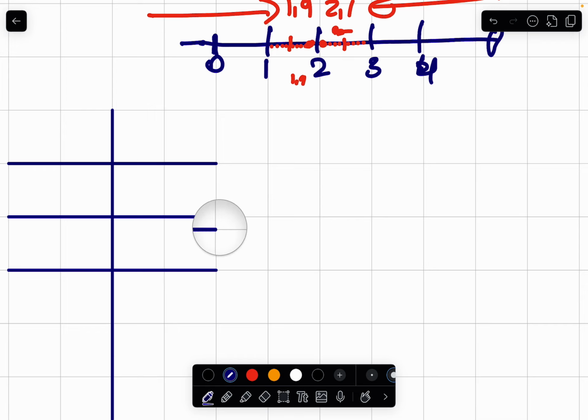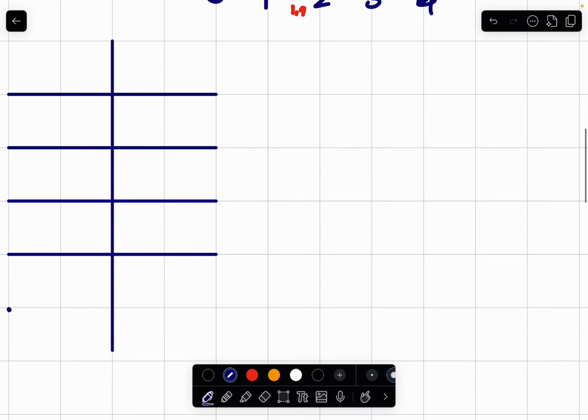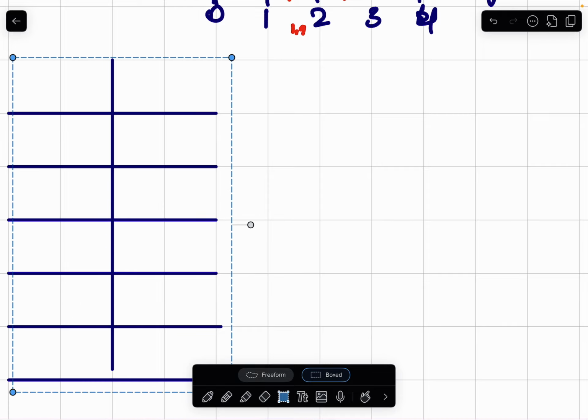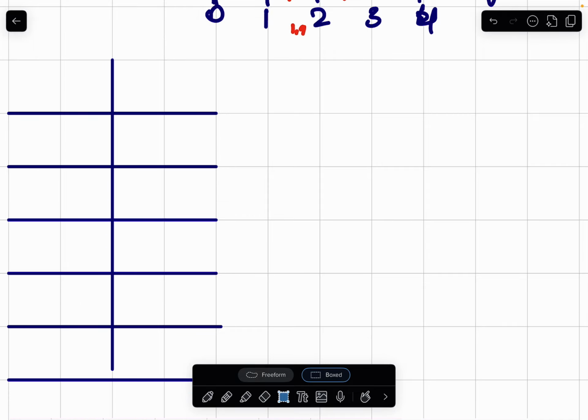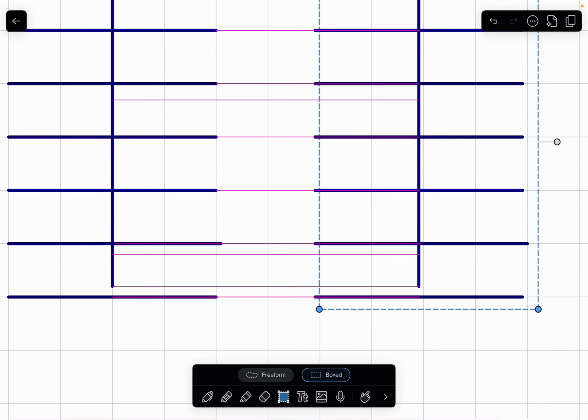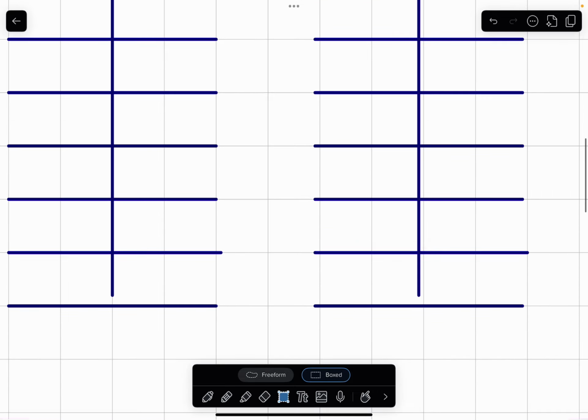We have 1, 2, 3, 4, then we have our 5. Understand? Let me cut and paste. You must draw 2 tables.